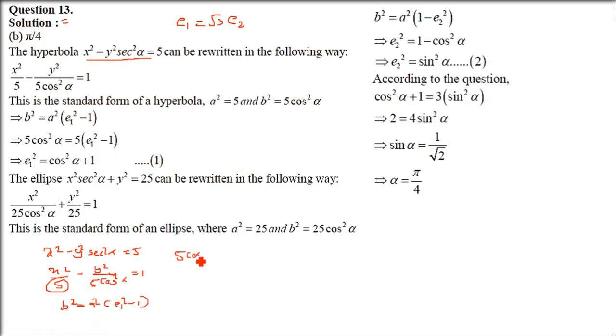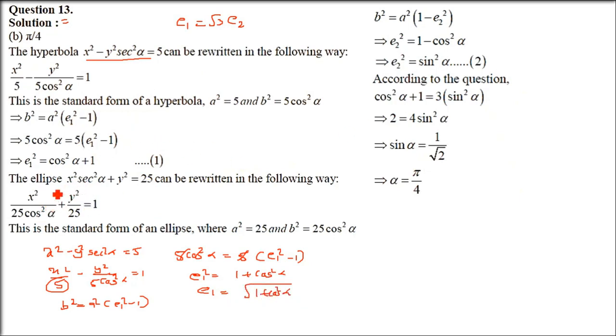So b square, that is 5 cos square alpha, equals 5 times e1 square minus 1. 5 gets cancelled, 1 goes there. So e1 square is 1 plus cos square alpha, and e1 is under root 1 plus cos square alpha. Now this is e1. Now coming to e2.